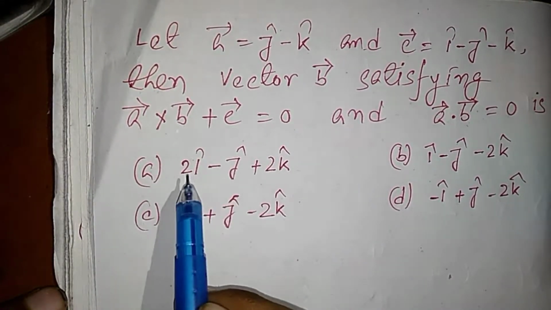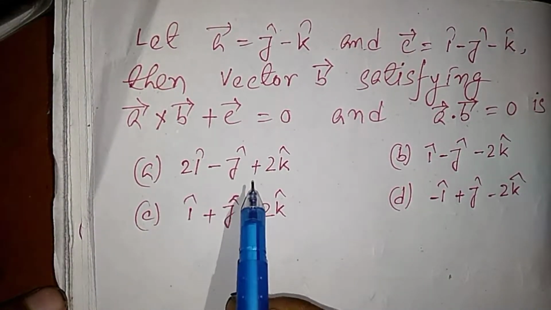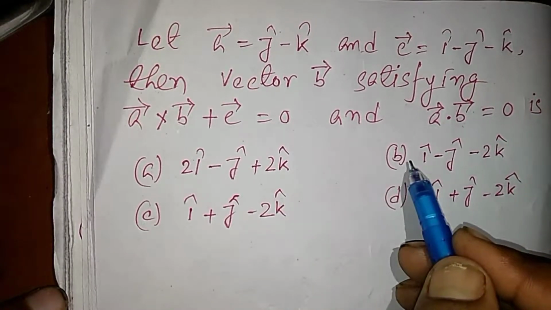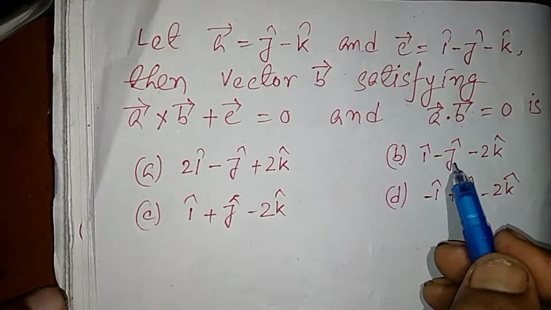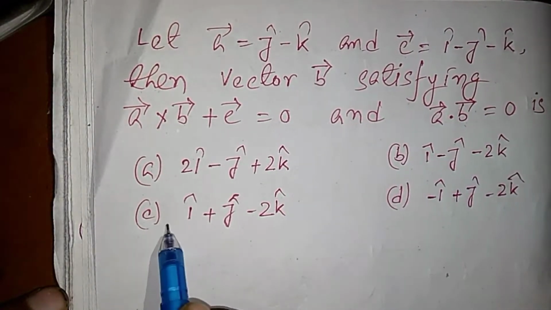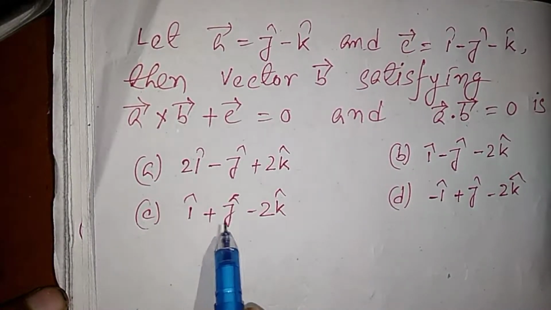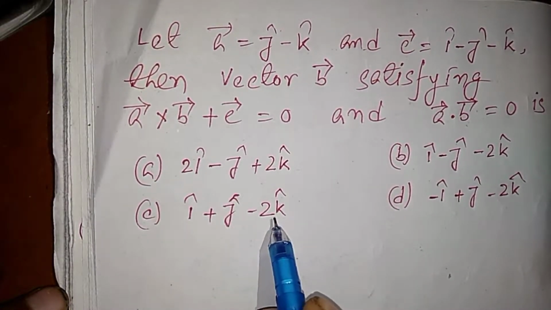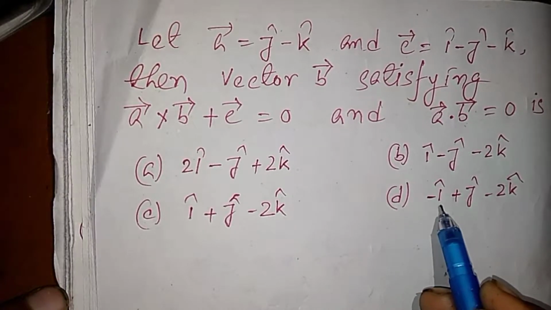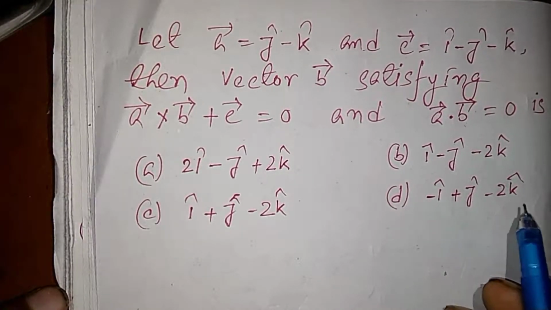Option A is 2i cap minus j cap plus 2k cap. Option B is i cap minus j cap minus 2k cap. Option C is i cap plus j cap minus 2k cap, or option D is minus i cap plus j cap minus 2k cap.